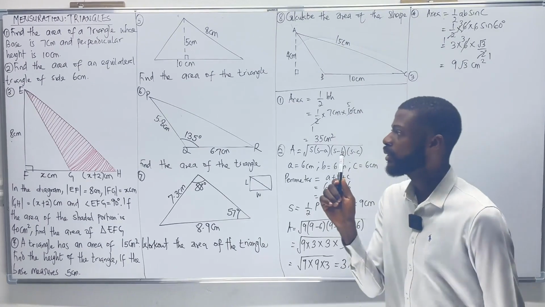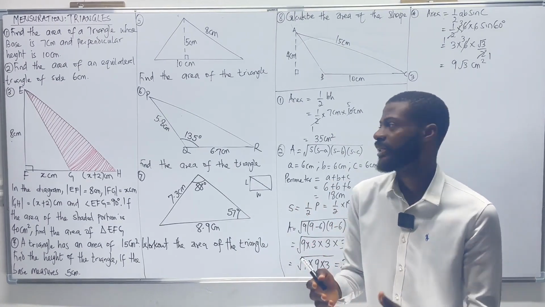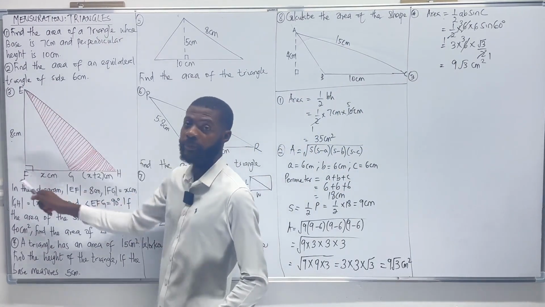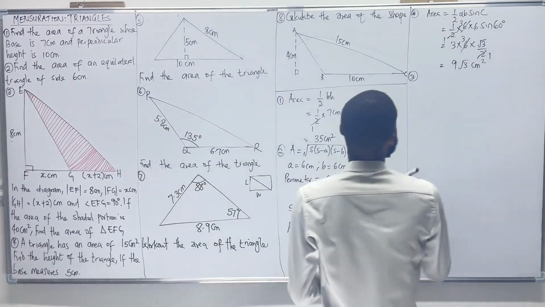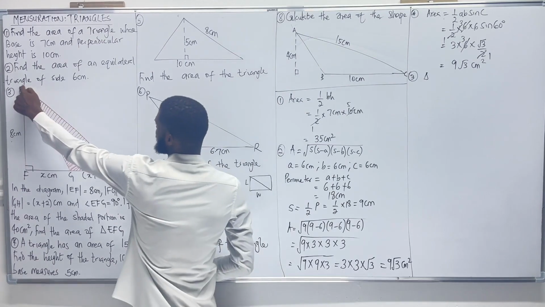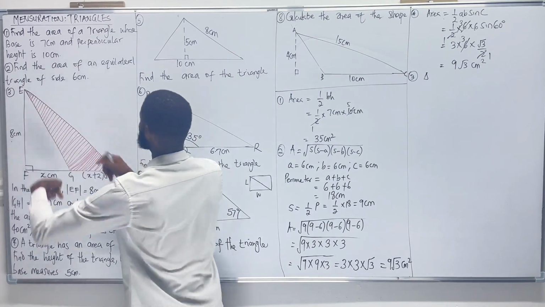But first of all, if you look at this shape, there are actually 3 triangles in it. There's a very big one. The very big one is triangle EFH. EFH is the full triangle.